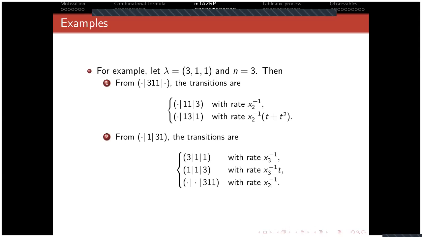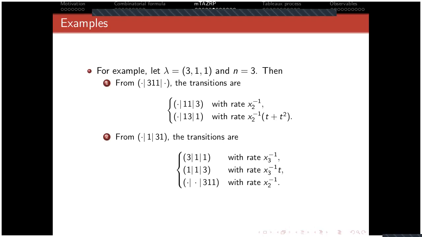And now there are 2 ones. So each of the 1s can jump; you can assign t by x2 inverse to this one and x2 inverse t squared to that one, but they're indistinguishable. So the rate for this will be x2 inverse times t plus t squared.